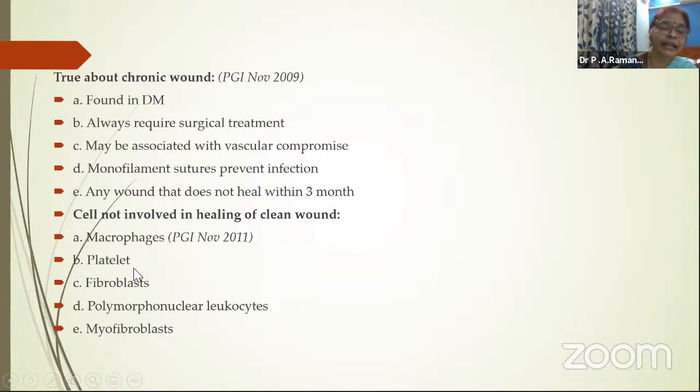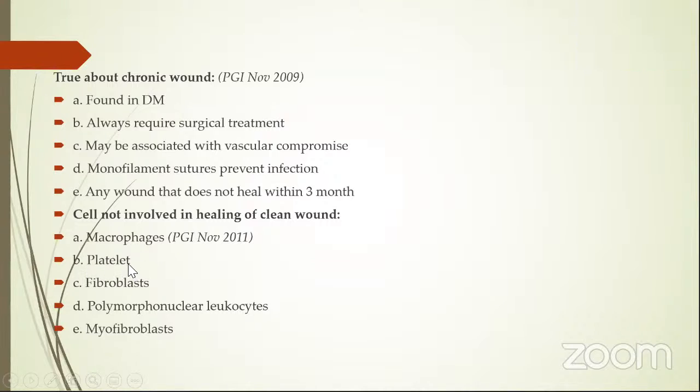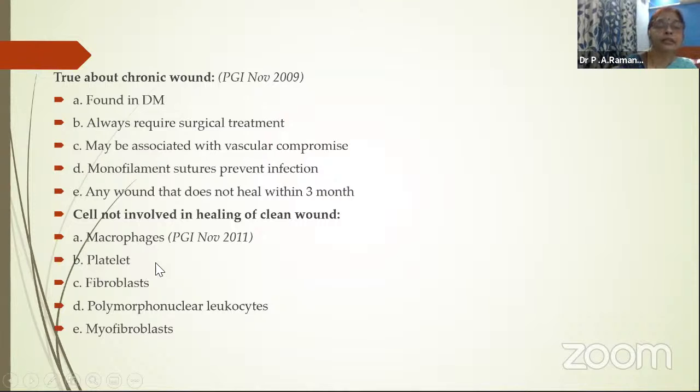Platelets. Are the platelets involved or not? Yes, ma'am. They are involved. They produce prostaglandins. They produce the platelet derived growth factors. They produce transforming growth factors. So platelets are very, very essential. They are to seal the wound. Fibroblasts, are they necessary or not? Are they necessary for wound healing?